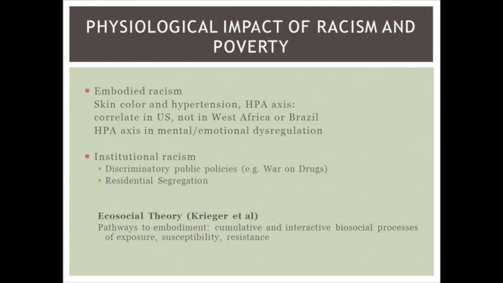She's been drawing on this kind of research to highlight how social environments are embodied, and she highlights that this happens at many levels, from face-to-face racism to institutional racism. These levels of influence interact with each other to influence how often people are exposed to assaults on their health, how susceptible they are as individuals, and how much resistance they have to poor health.